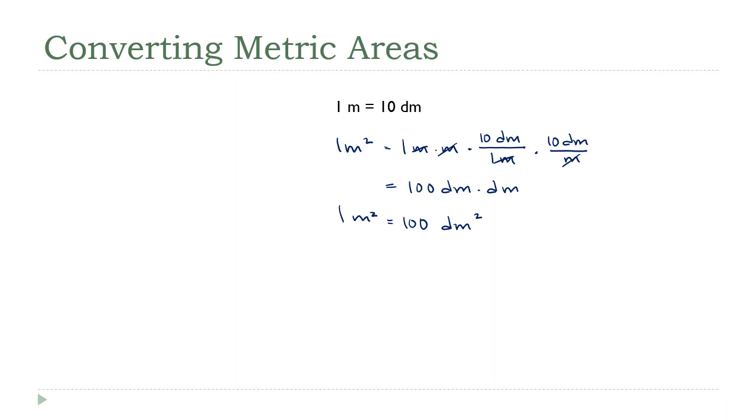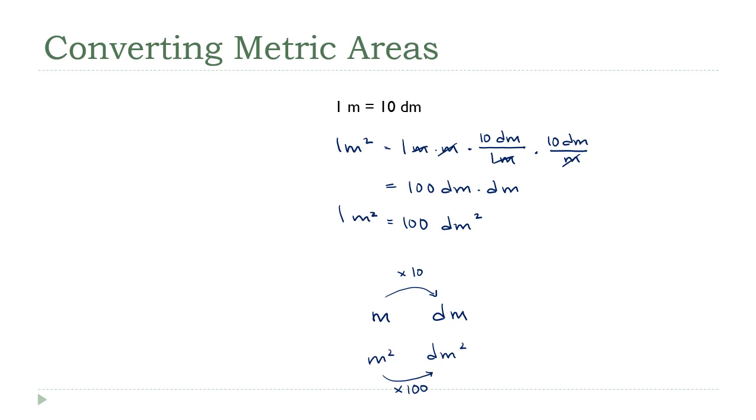Now I've got my conversion factor. Remember, if you do out your line of all the prefixes, meters and decimeters are right next to each other. So going from meters to decimeters was one step. It was a change of a factor of 10, so we moved the decimal point one place. But look at what we have now. Going from square meters to square decimeters is a change by a factor of 100.